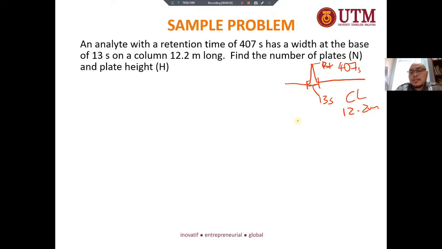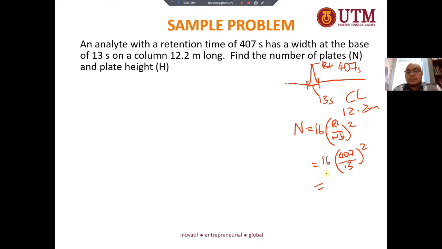We know that for N, when we are using WB or width at base, we need to use this formula: 16 multiplied by (RT over WB) squared. So 16, the RT is 407 divided by 13 seconds, squared.